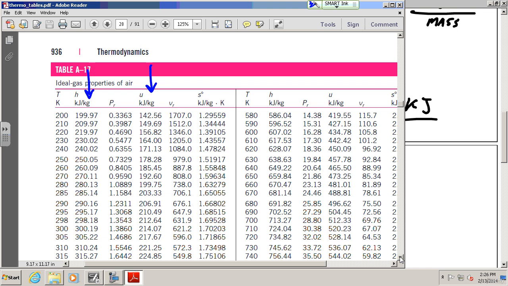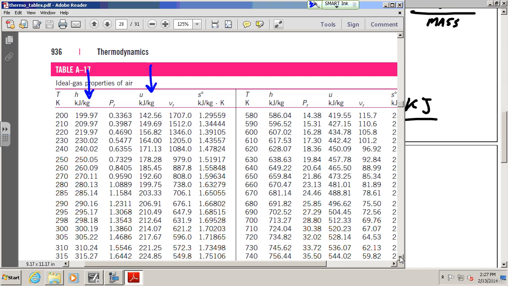That's something that we may get into later, but we're not going to use it right now. When we want to calculate pressures and volumes, we're not going to use this table. We are going to go to the ideal gas equation to do that.